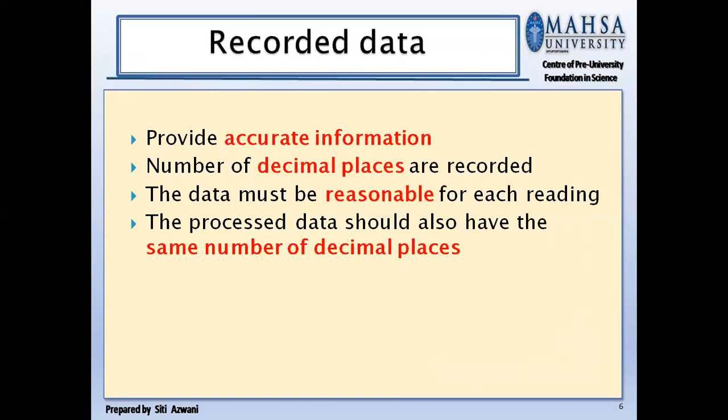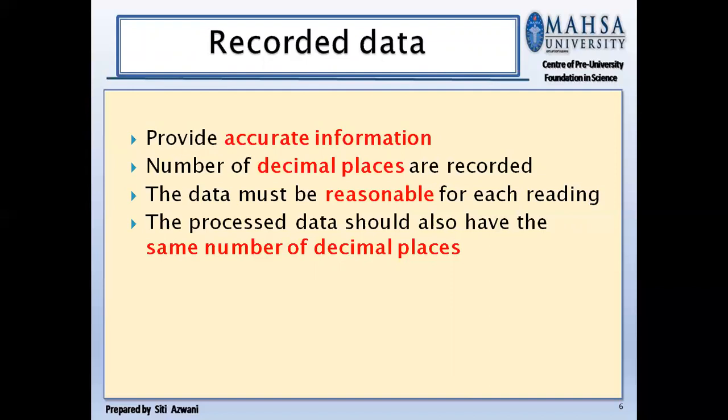For example, here you have a cooling system experiment. You need to record the time and you need to record the temperature. You start your stopwatch, record the time, and then the temperature reduces from the higher temperature to the lower temperature. So your data must be reasonable.